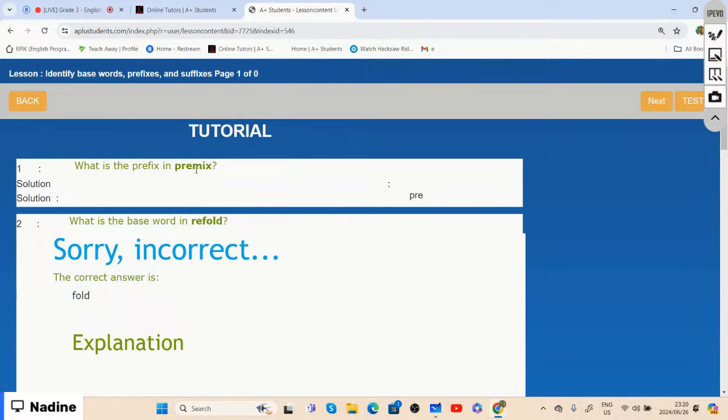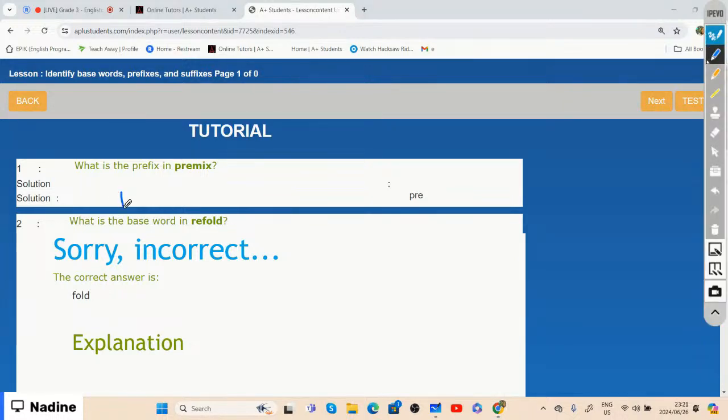The word that you add in front or before a base word. All right, so our prefix, yes, our prefix is pre, right? Pre, that is our prefix.